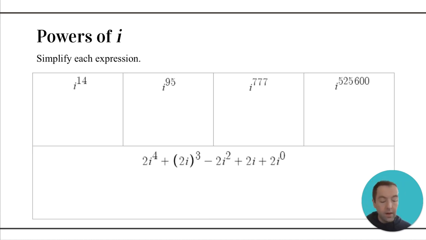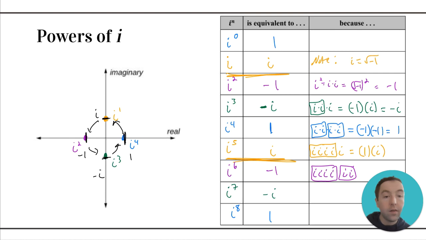So taking that, we want to be able to simplify each of these expressions right here and figure out what their values would be. There's really not a way that a lot of your calculators can figure this out, so you have to really understand multiplication and powers of complex numbers. To understand these problems, let's go back to where we were and notice some patterns.